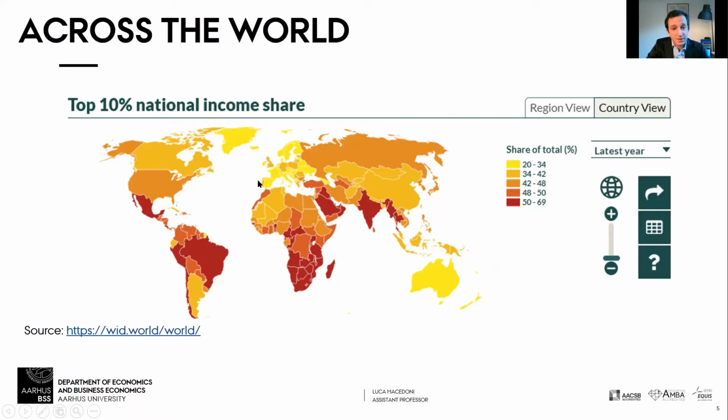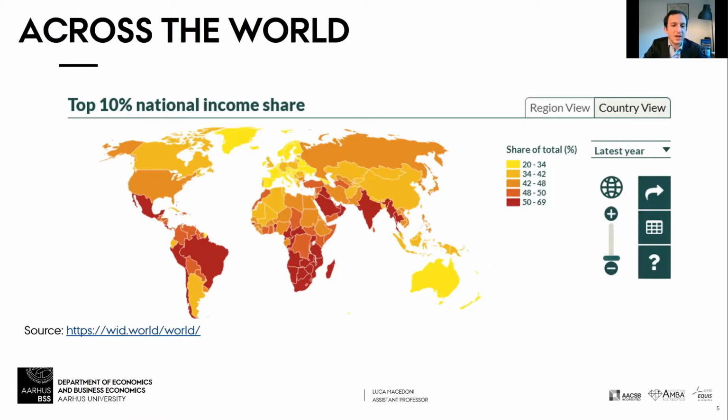So you can see here the richer economies also tend to be less unequal. This is not a surprise. This is what we've been observing. Countries that are poorer typically also have high degrees of income inequality, and countries that are richer have low degrees of income inequality.